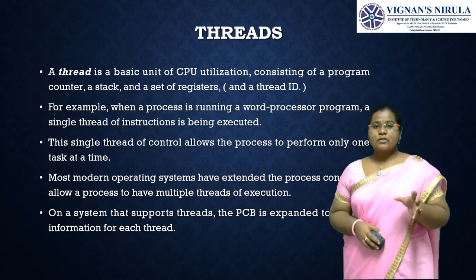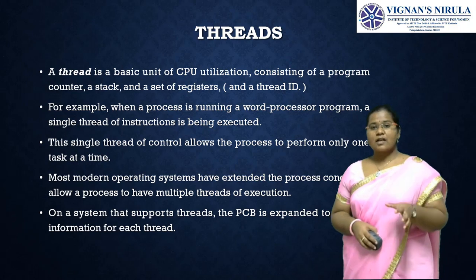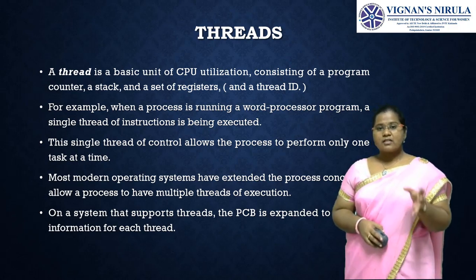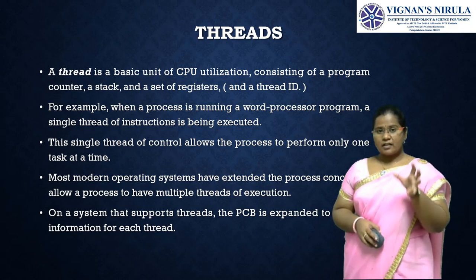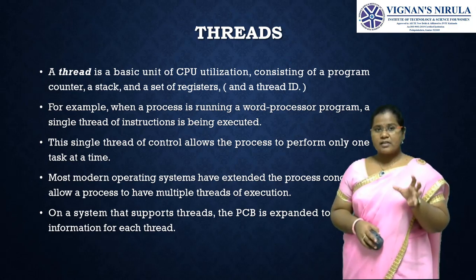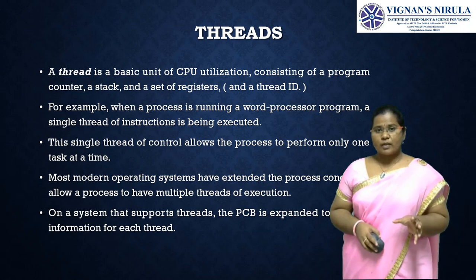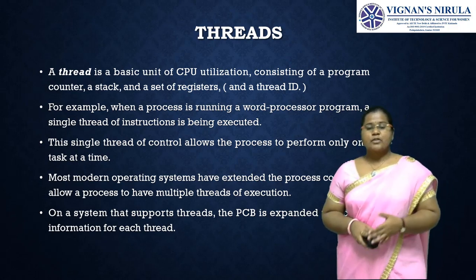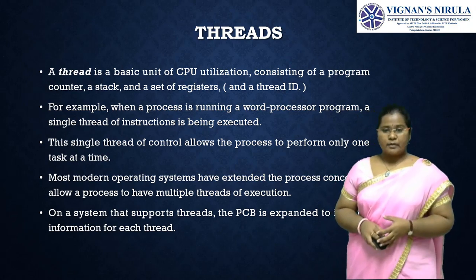This is done by the spell checker program present in your word processor. So the text editing can be considered one thread, whereas the spell checker can be considered another thread. So a process can have multiple threads.